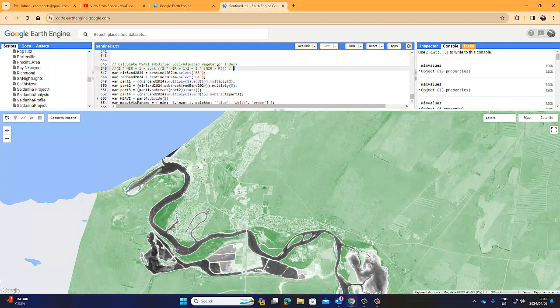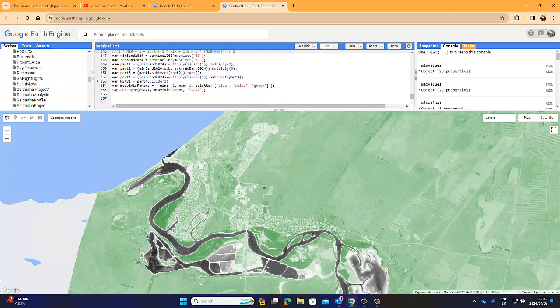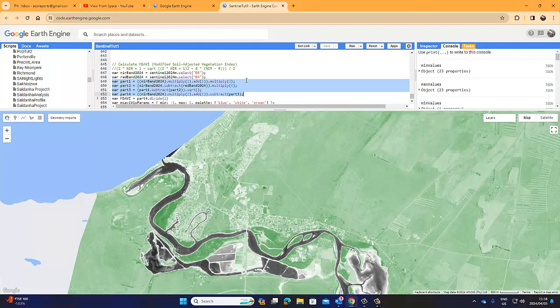Remember now you have to apply BODMAS. You have to be clear in applying BODMAS, and I've broken mine into various parts just to make sure that I don't run into BODMAS issues. So I first created this part, which is the near infrared multiplied by 2, add the 1, and this whole thing multiplied by 2. That's part 1.